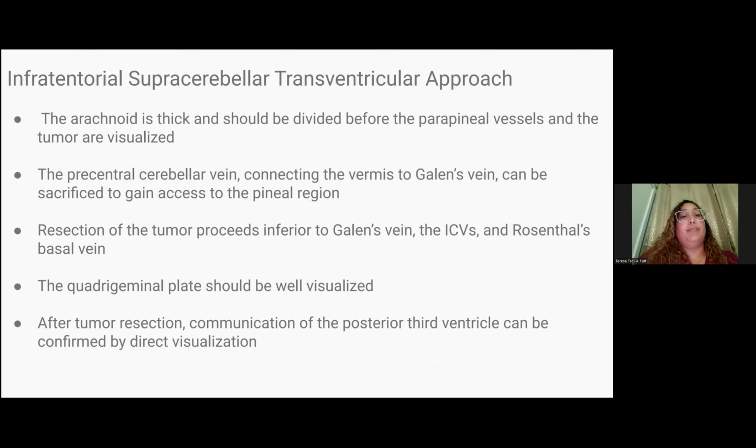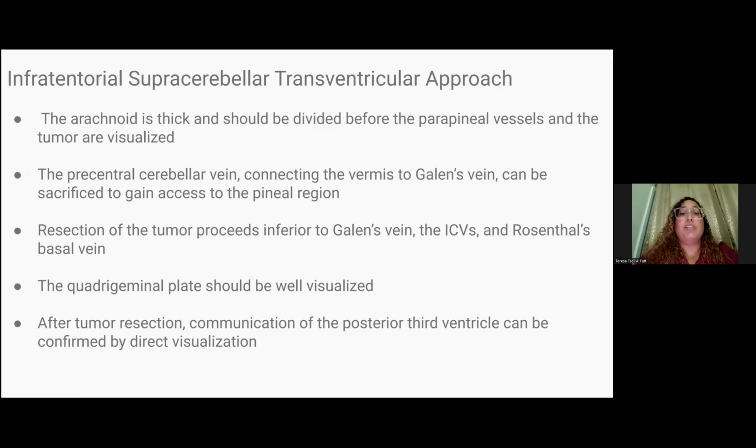All right, so the arachnoid is thick and it should be divided before the pineal vessels and the tumor are visualized. The precentral cerebellar vein connecting the vermis to the vein of Galen could be sacrificed in order to gain access to the pineal region.